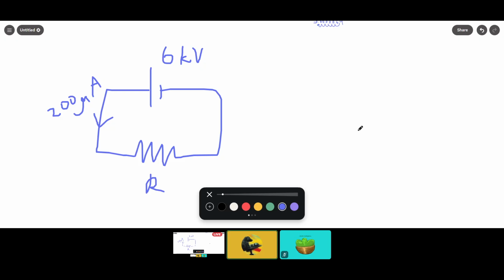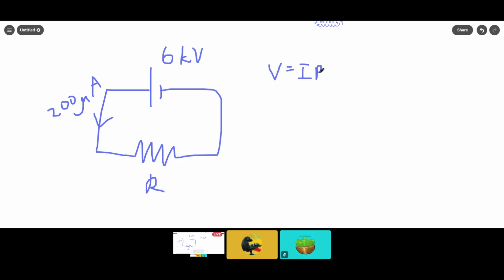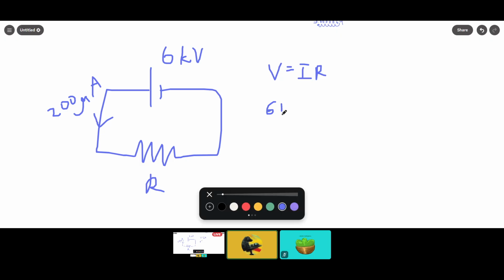Okay. First, let me show you how a student who is unfamiliar with what's going on will approach this question. They'll say, okay, I can use V equals IR. I can sub in the values, so 6 kilovolts equals 200 microamps times R. So R would be 6 divided by 200.